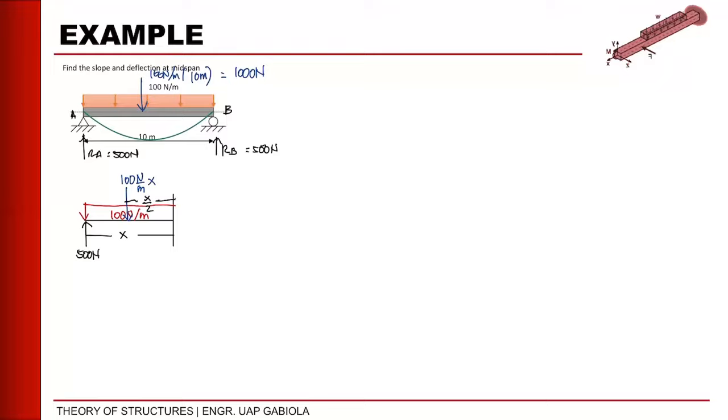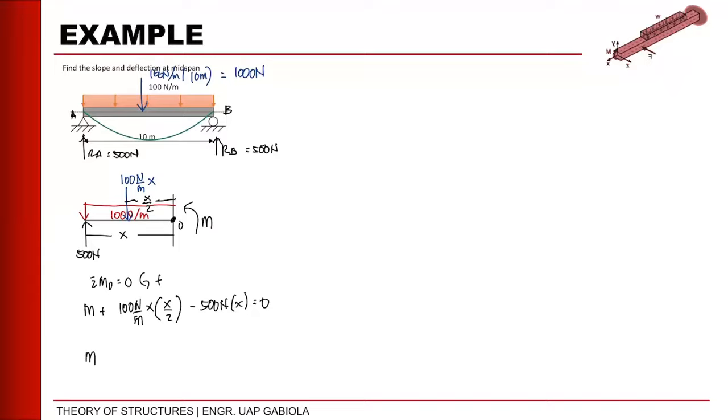Okay? So, since we need the moment at this point, we need that equation. So, summation of moment at O equals 0, taking counterclockwise as positive. We have M plus 100 Newton per meter times X, times the distance X over 2, minus 500 Newton times X, equals 0.